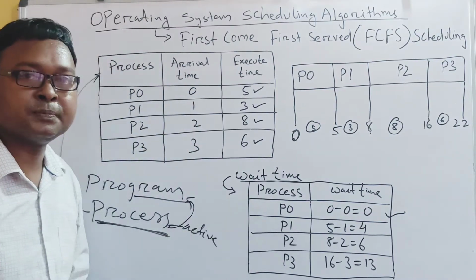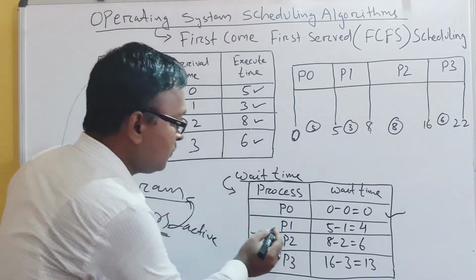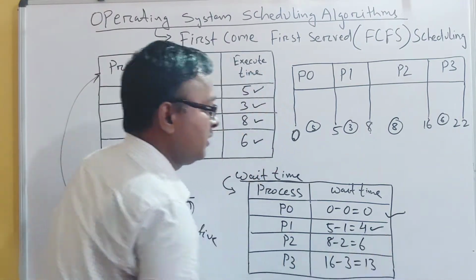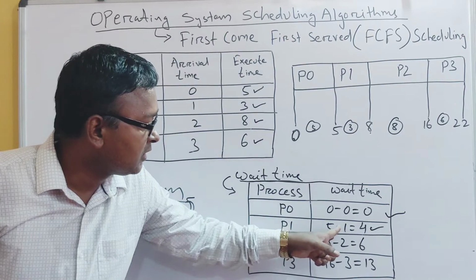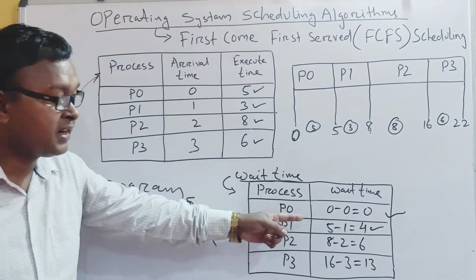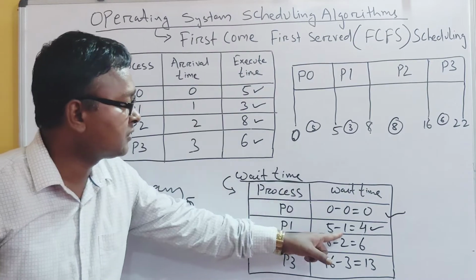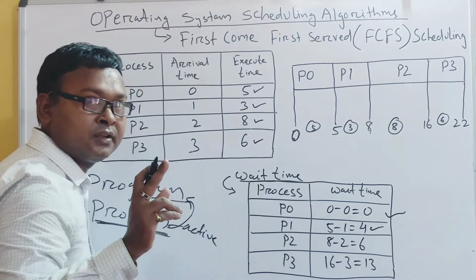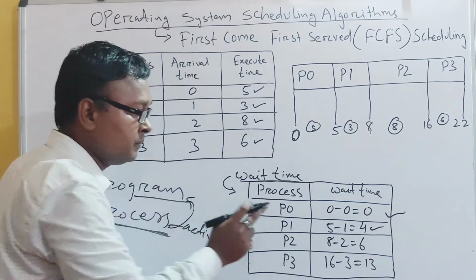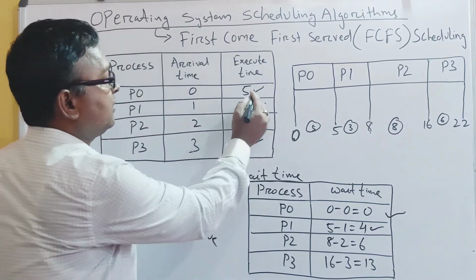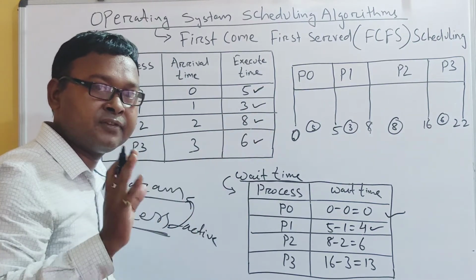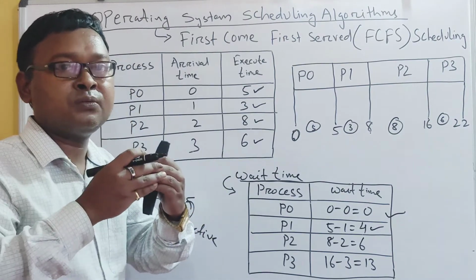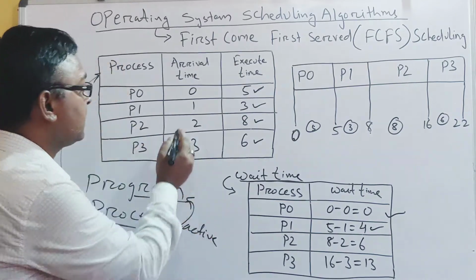Next, P1. What is the waiting time for process P1? The waiting time for process P1 is 4 nanoseconds. How did it come? Try to understand: 5 minus 1. Process P0 has taken 5 nanoseconds for execution. When P0 was executing, P1 had not arrived yet. It arrived at 1.